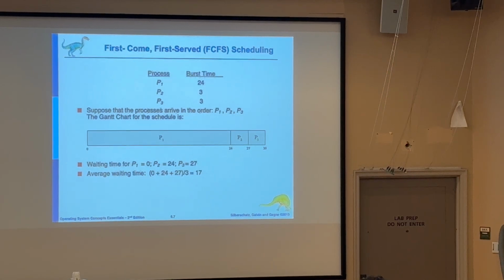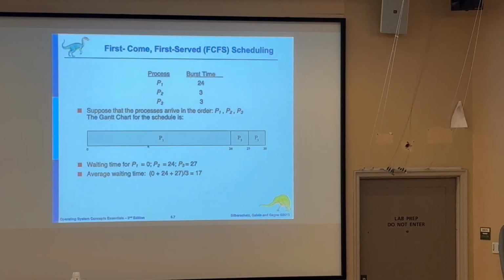So if the processes arrive in this order, P1, P2, P3, then the first come, first served scheduling algorithm will arrange them on the CPU in this manner. P1 will execute from time 0 to time 24, and then after that, P2 is scheduled on the CPU, and then P3. The wait time for P1 is 0 because it's never in the ready queue.